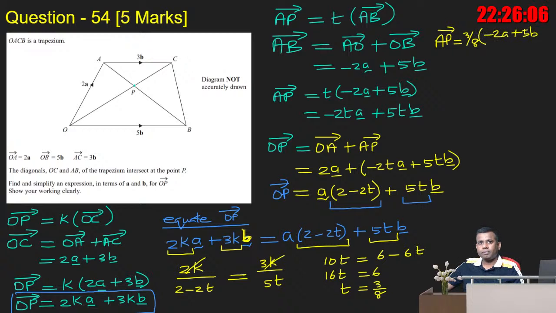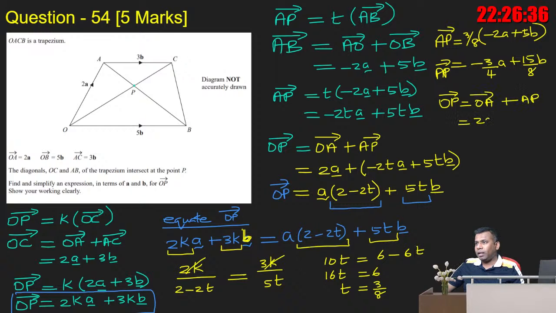That's it. If you expand that, AP is minus 3 over 4 A plus 15 over 8 B, right? That is AP. Now they're asking for the equation for OP. So OP equals OA plus AP.